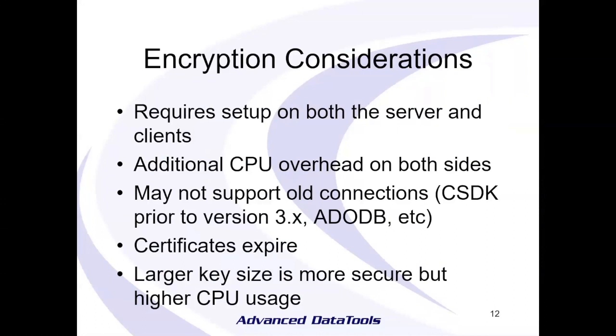But the larger it is, it means the more CPU that is needed to actually encrypt each packet. So if you're running some really fantastic new hardware, have a big key, you won't notice the difference. But if you're running something and you're just kind of struggling to get by, you may need to find a compromise. I wouldn't say go anything smaller than 2K if you can avoid it, but there may be reasons for it.